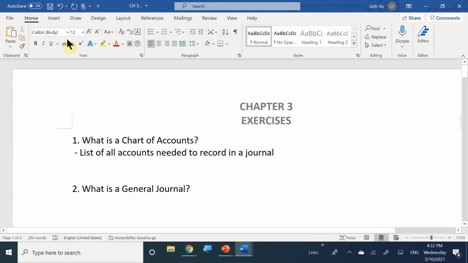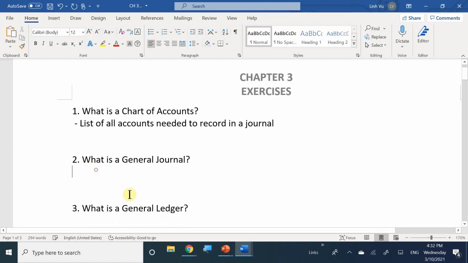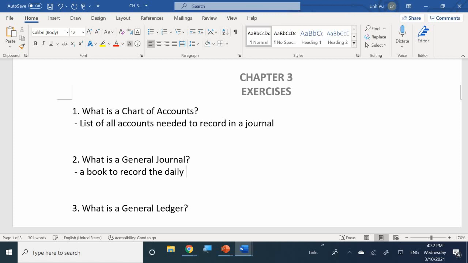What about question number 2? What is the general journal? A book where daily business transactions are recorded. Good. A book to record the daily business transactions.